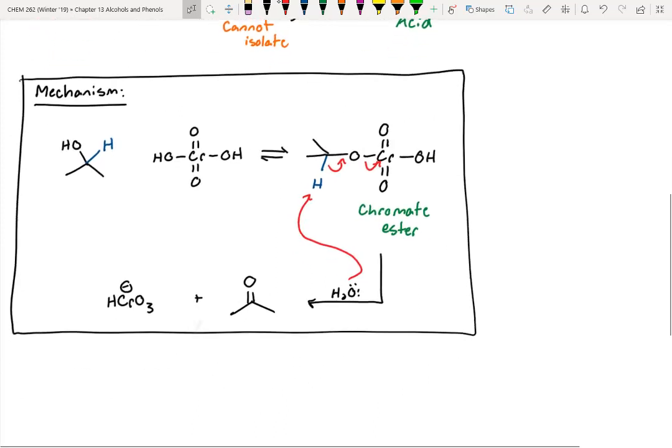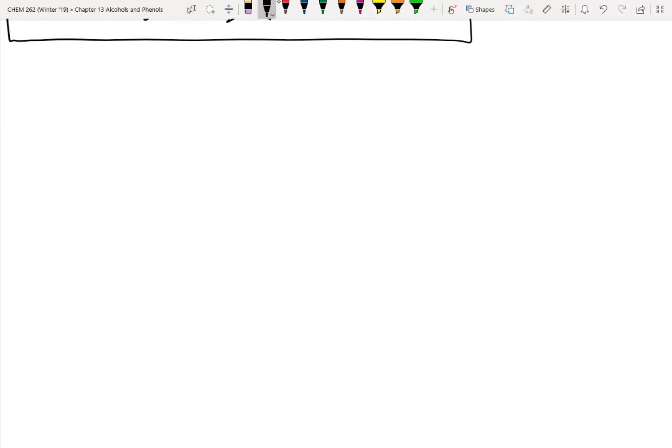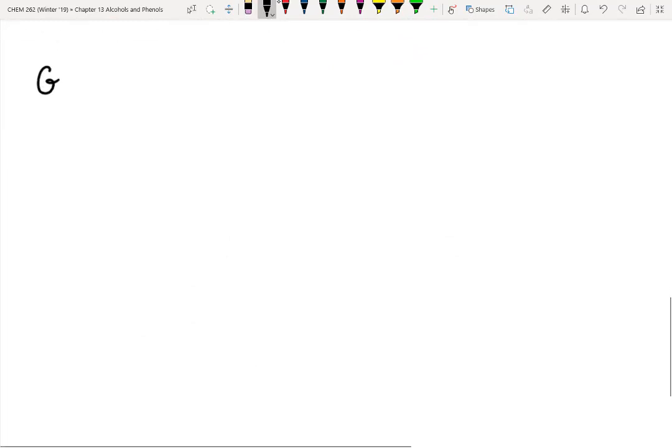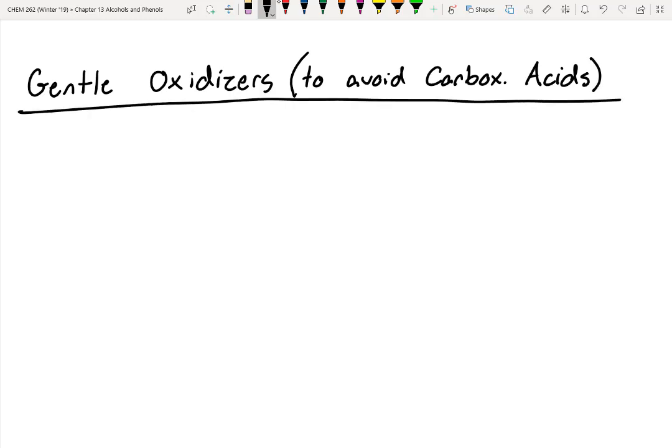So let's take a look at the gentle oxidizers. These gentle oxidizers will avoid overshooting to a carboxylic acid, and it'll work with primary alcohols or secondary alcohols, which is pretty nice.